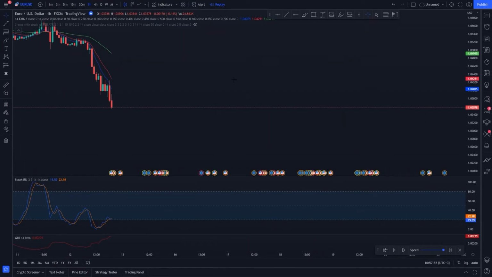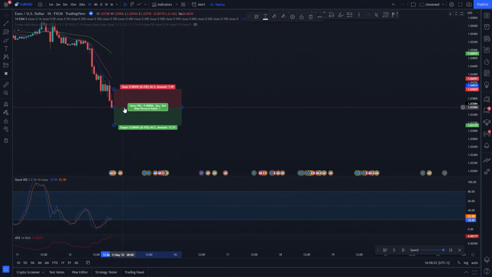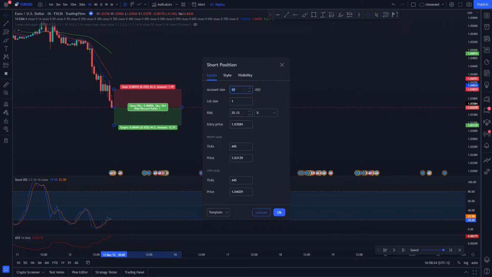Here all conditions are fulfilled. Now we can go ahead and take a short position. Take profit is 2 times the ATR value. Our stop loss is 3 times the ATR value.